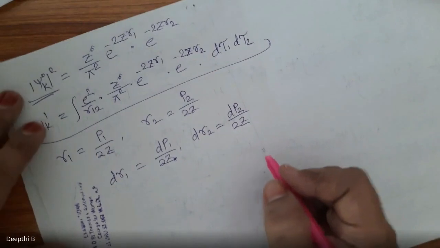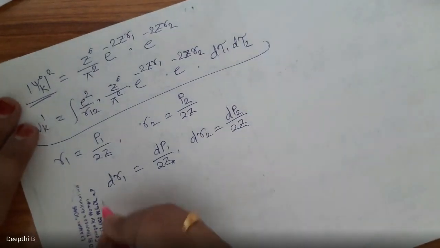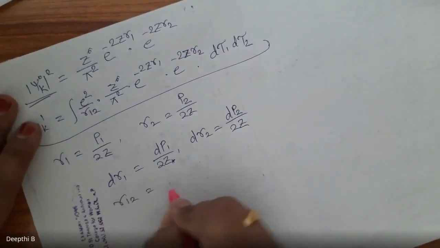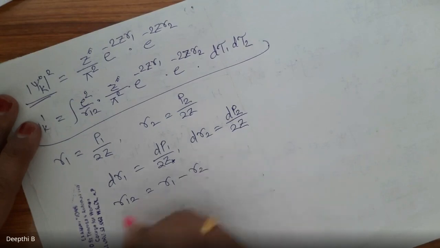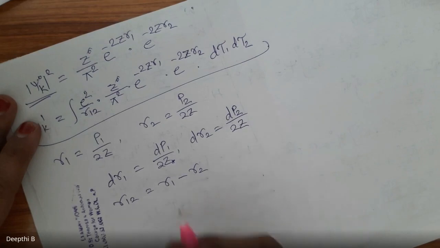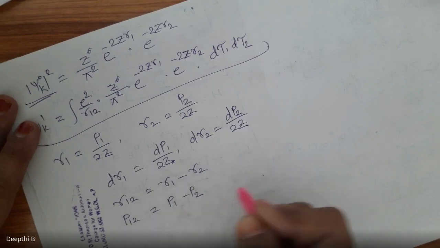Now we know that r12 is equal to r1 minus r2. Like that, p1 minus p2 is also p12.